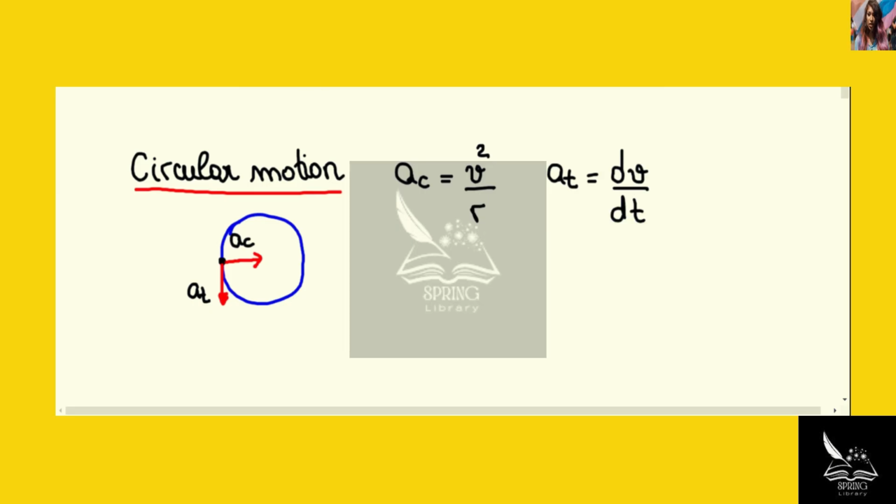So the centripetal acceleration is all about changes in the direction of the velocity, even if the speed remains the same, while the tangential acceleration is all about the changes in the speed, that is, the changes in the magnitude of the velocity. So this is the information we need in order to solve the exercise.